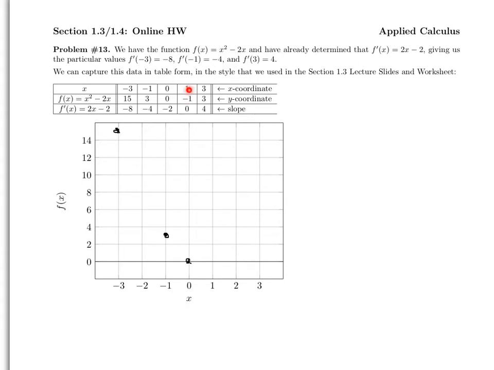I can plot the point 1, negative 1. And finally, I can plot the point 3, 3. So that's 5 points that I can plot, and I know this is a quadratic, so it will be shaped like a parabola. But the question is, how do I add the slope information?